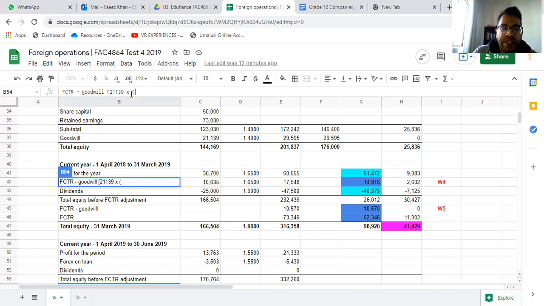To get the movement, we take the latest exchange rate, the closing rate at 30th June 2019, which is 170, and we subtract from it the exchange rate at 31 March 2019.